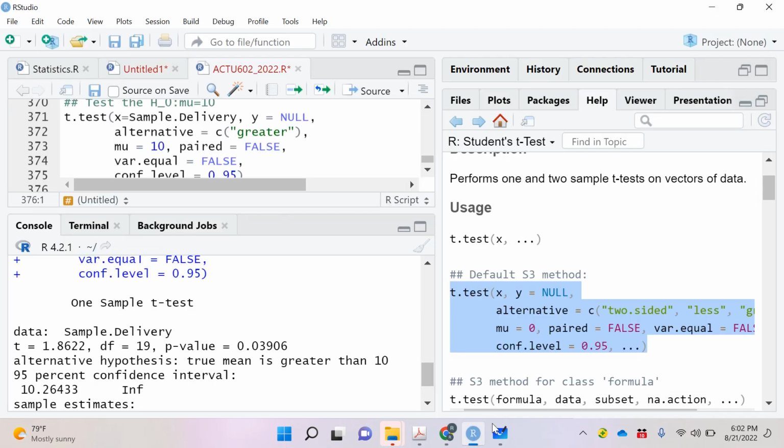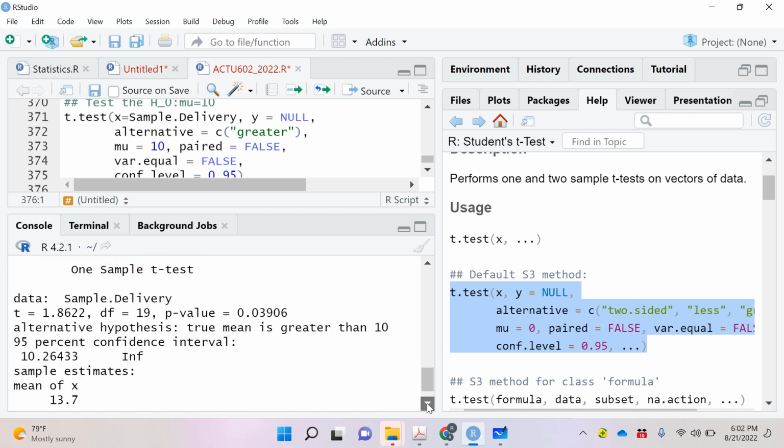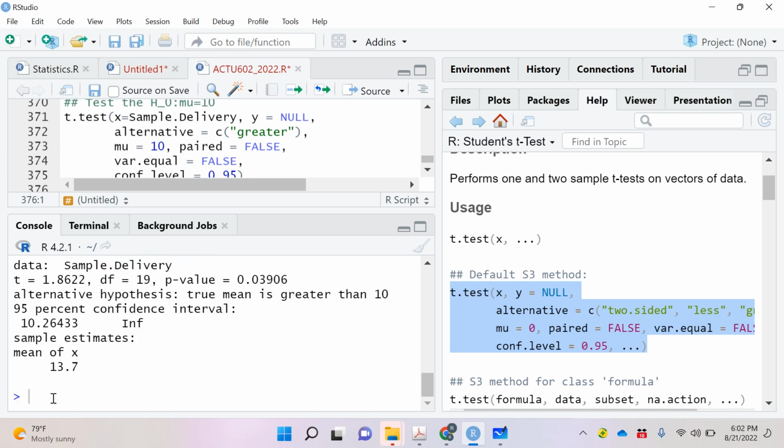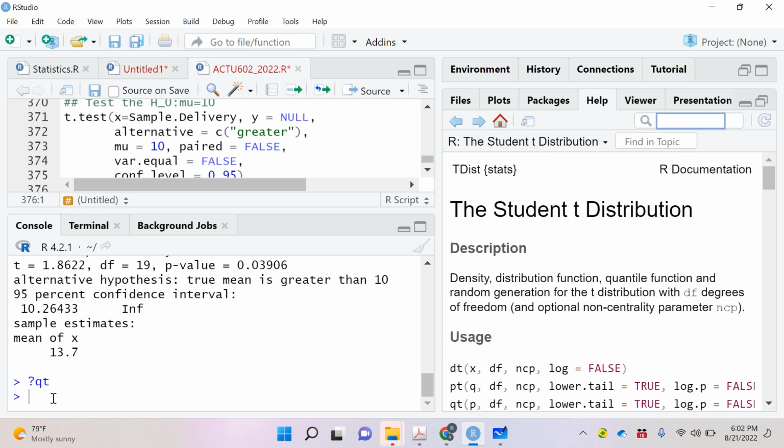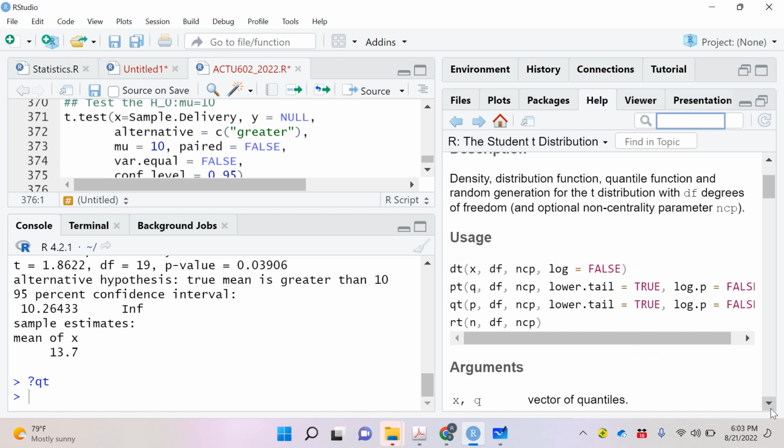So this T, if you take tables, or remember we talked about probabilities, right? The quantile for the T distribution is qt.